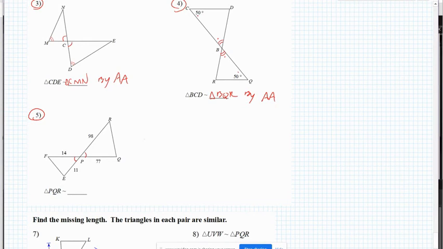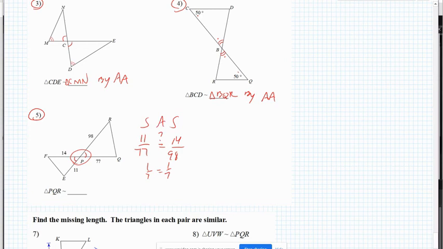And then for problem number 5, we have vertical angles again. And so we want to match up shortest side over shortest side equals longer side over longer side. Are those the same? And this is 1/7, and this is also 1/7. And so since those two sides are the same, that gives us our SS, and those two angles are the same, gives us the A in between.